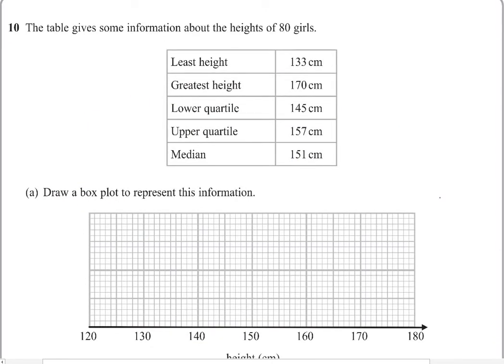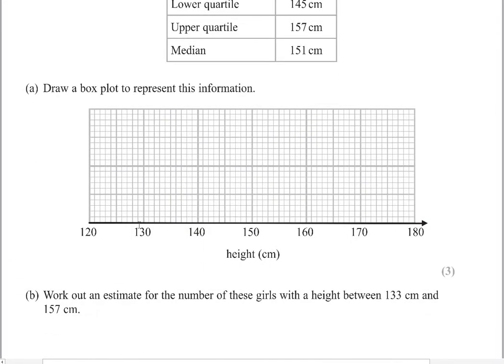Okay, the table gives some information about the heights of 80 girls. Least height, greatest height, lower quartile, upper quartile, and median. So let's put these in. It wants us to draw a box plot, so that's what we're going to do. So the least height was 133, which I'll draw in now. About there.